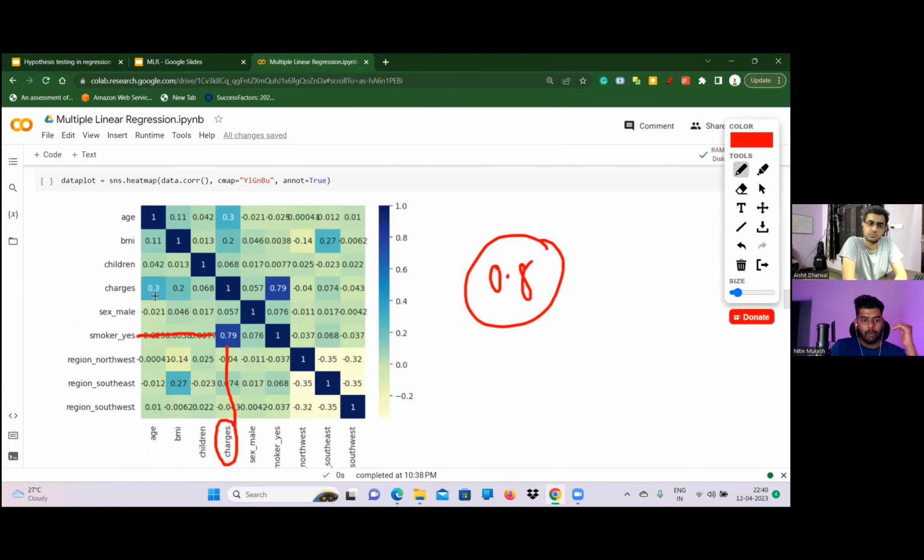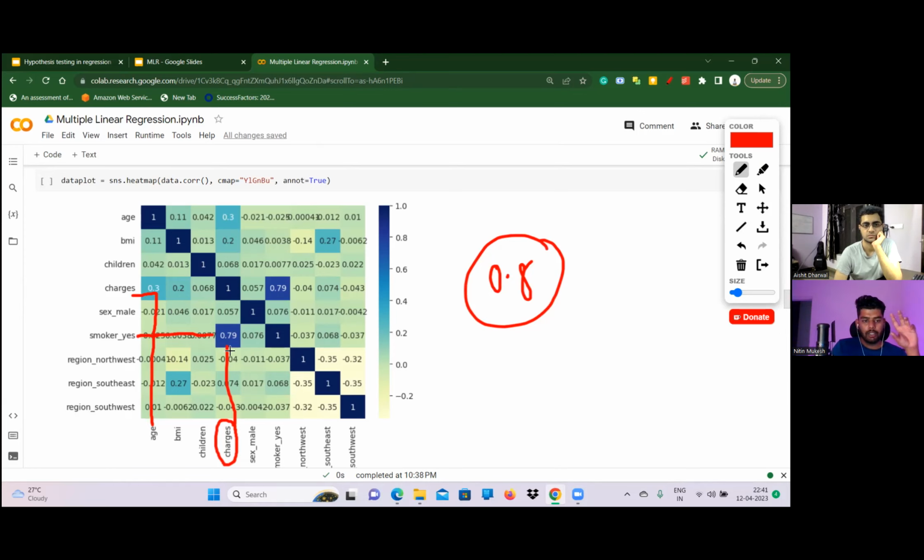Also with age, you can see a high correlation with the charges. It means that as the age increases, the payout charges increase. This is true in general. If you go and buy a medical insurance premium and you are a smoker, your premium charges will be relatively high because you have more risk of getting any disease than a non-smoker.